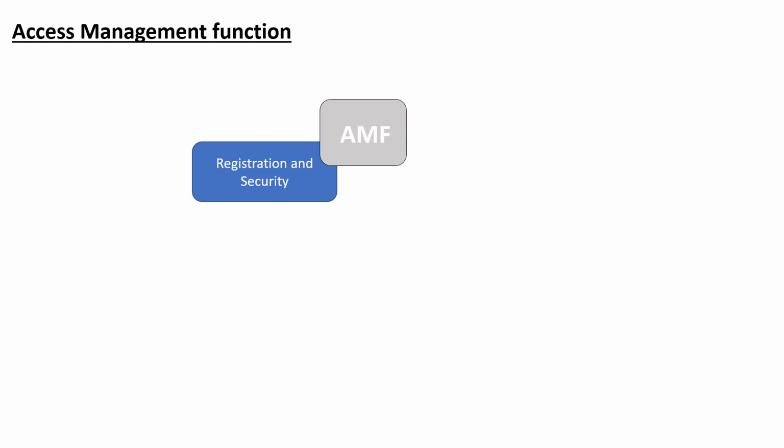Registration and security means it actually authenticates the customer, whether the customer is authorized, having a whitelisted handset, or meeting the authentication requirement. It talks with the AUSF, the Authentication Server Function.